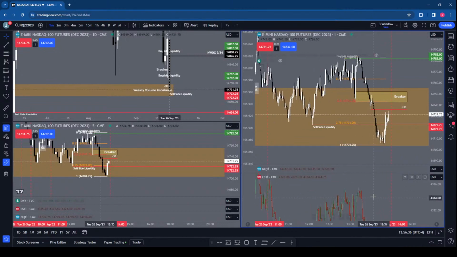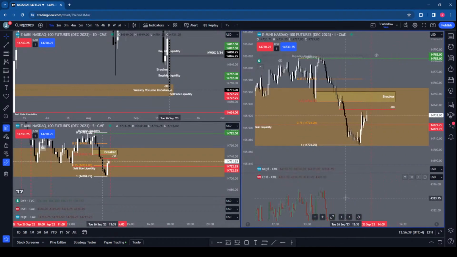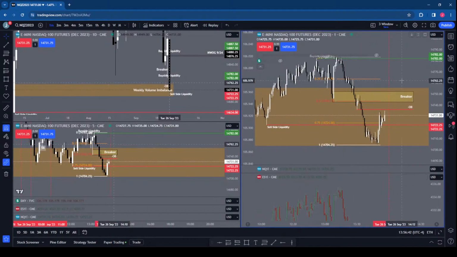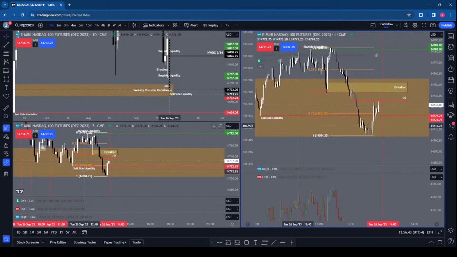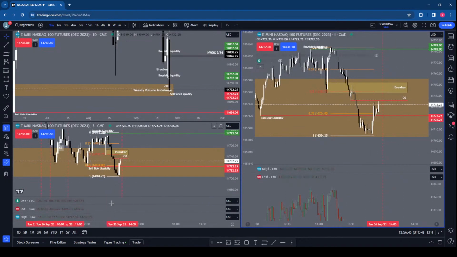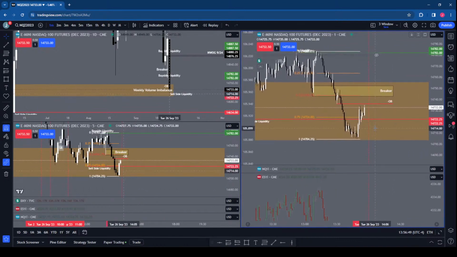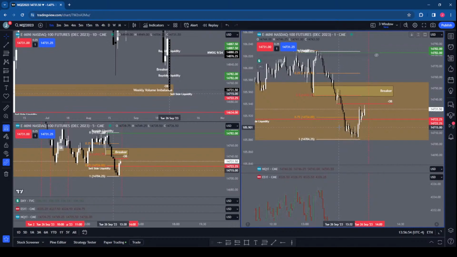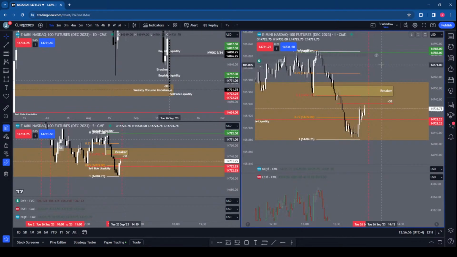I am a little nervous about these equal highs on ES. I would hate to see us kind of just take liquidity and then run these highs. That is a possibility. I would like to see how we treat this breaker before doing that. So we're just going to kind of watch price.